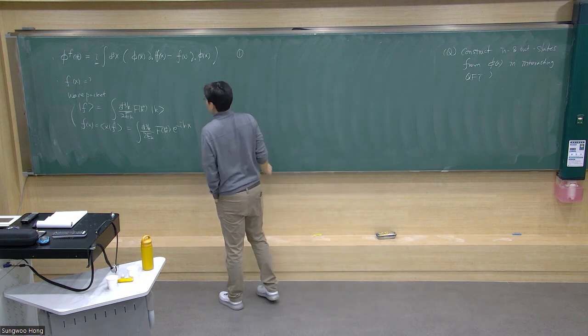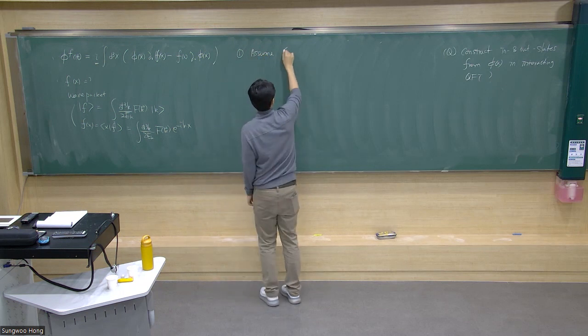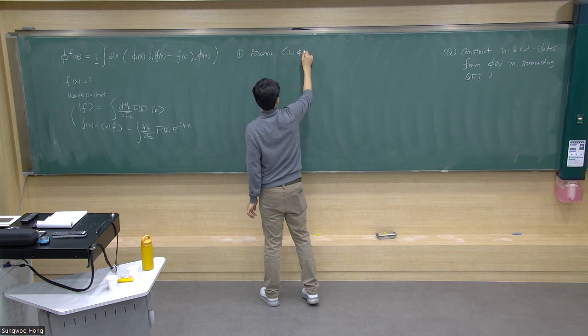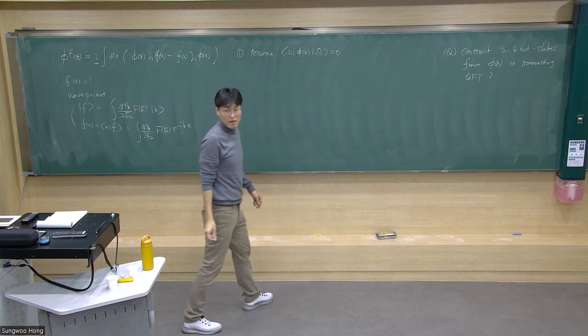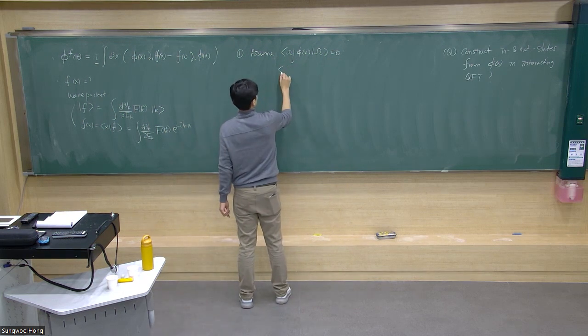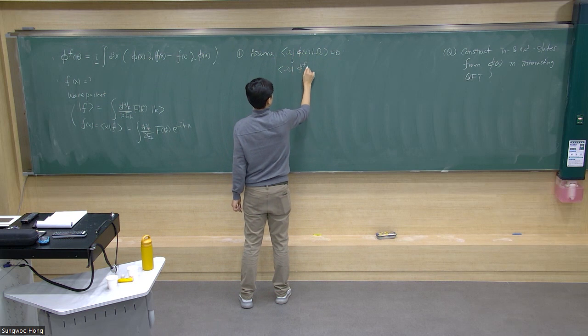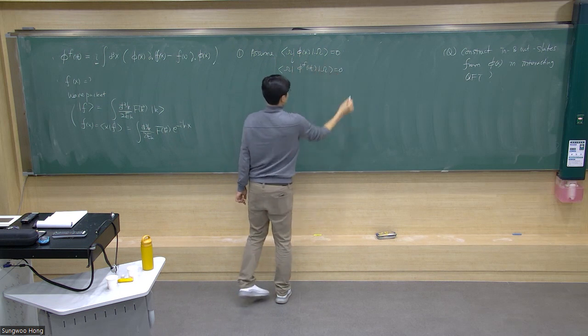So property number one. First of all, we are going to assume that our field operator has a vanishing vacuum expectation value. And then from this you can also show that this object also has a vanishing vacuum expectation value.